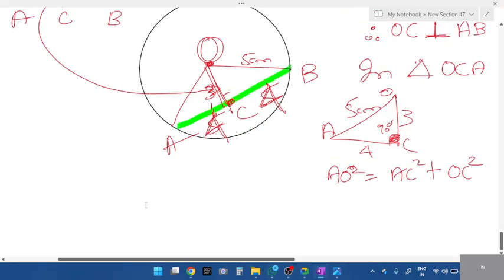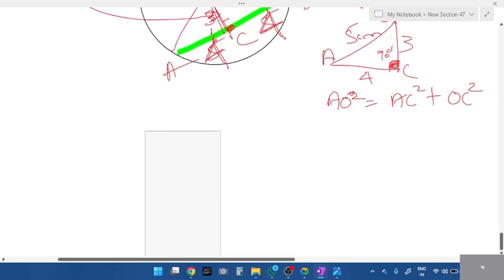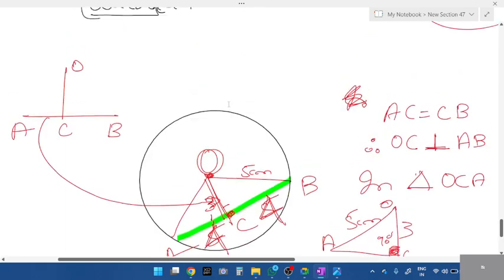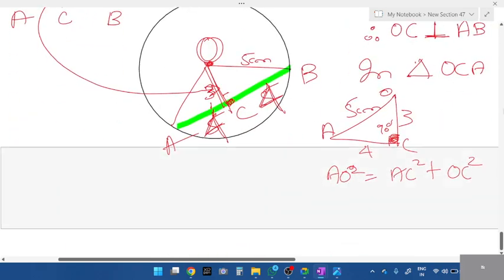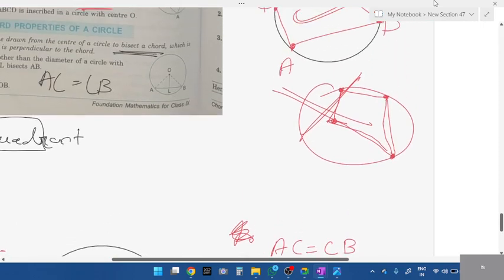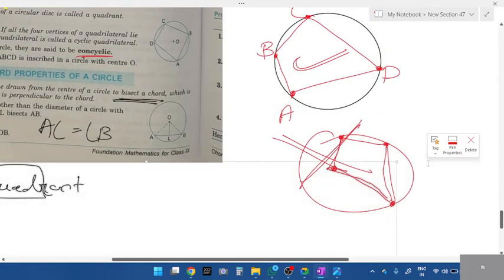I think only these two theorems are enough for 1 to 15. Everything is based on these two theorems, because the questions require only these two.